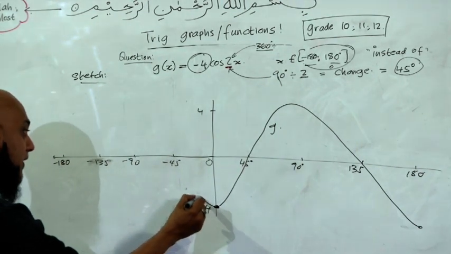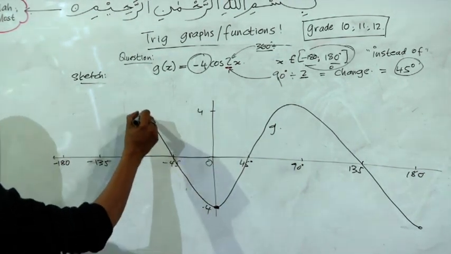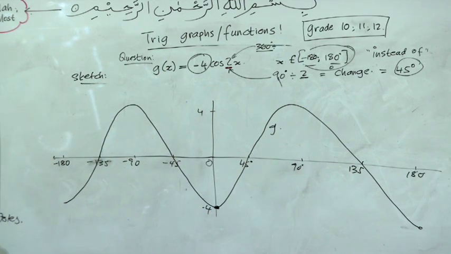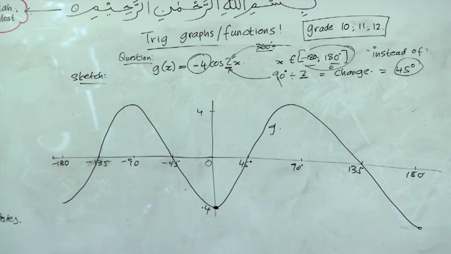So it still starts from here, goes up there, every 45 degrees is your change, and the graph would stop like that. That is what your graph would look like from minus 180 to 180 degrees.